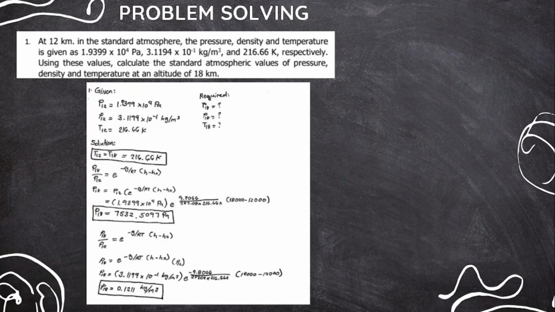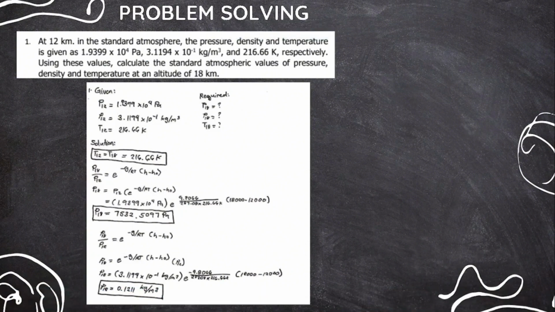Temperature at 12 kilometers is 216.66 Kelvin. Then we are going to find the pressure, density and temperature at 18 kilometers.